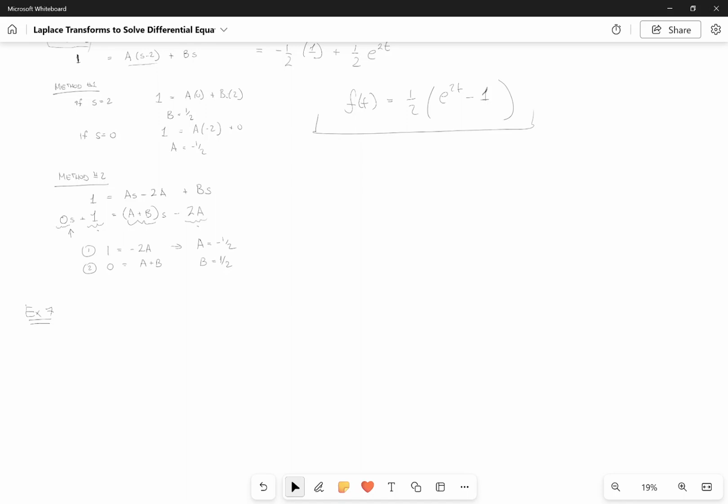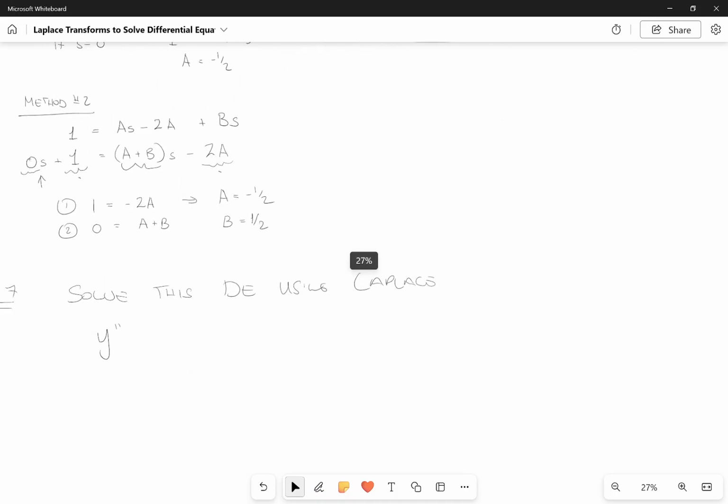Solve the following differential equation using the Laplace transform. Okay, so what we have is y double prime plus 2y prime plus 2y equals 0.